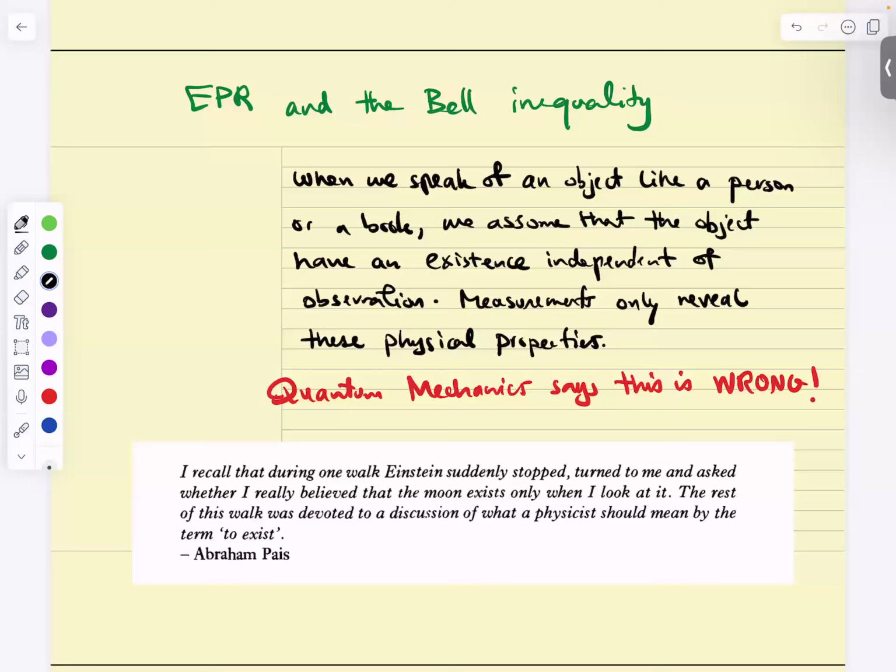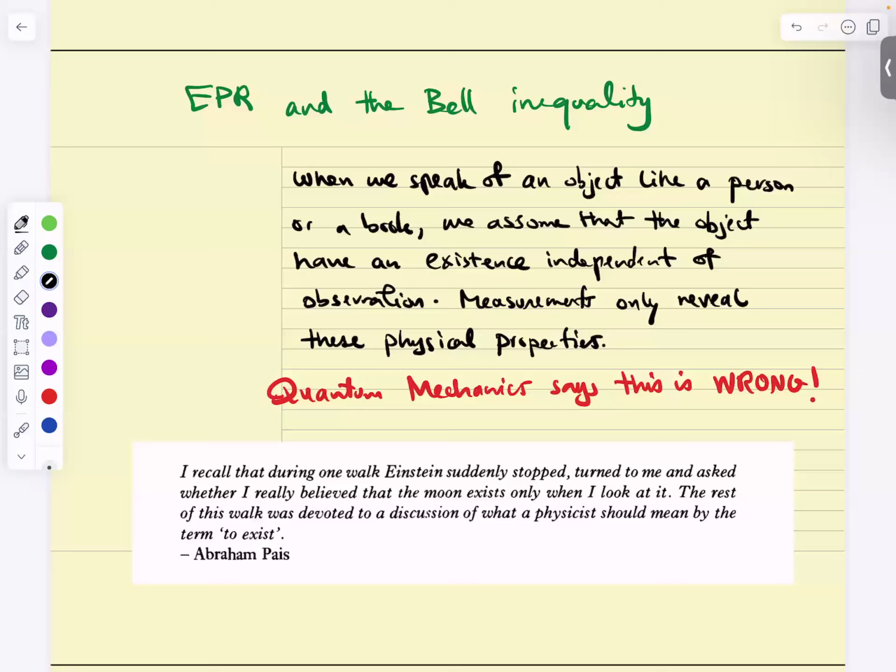Everyone's with me? There are two levels of sophistication we're going to add. First is Einstein's objection. Let me go over this quote because it's kind of nice.